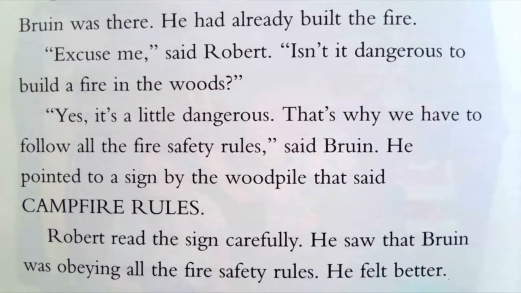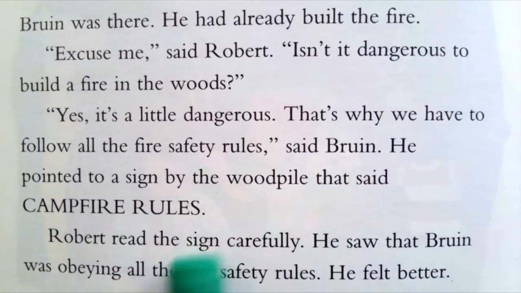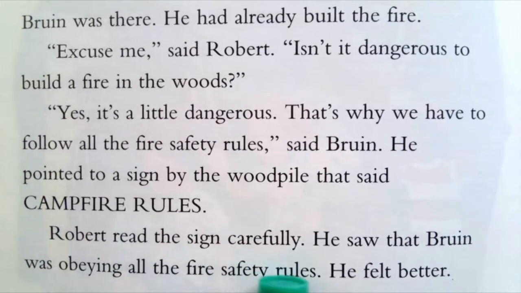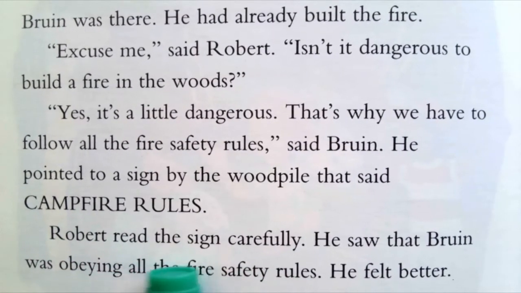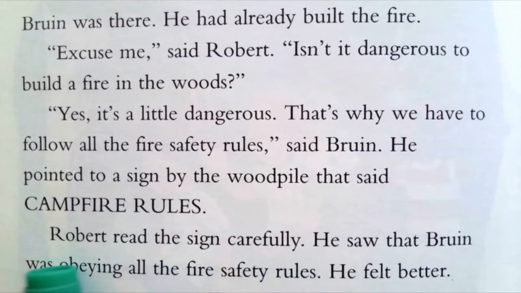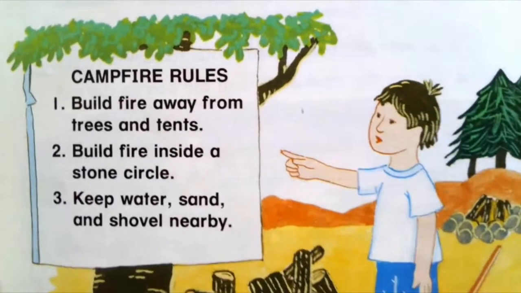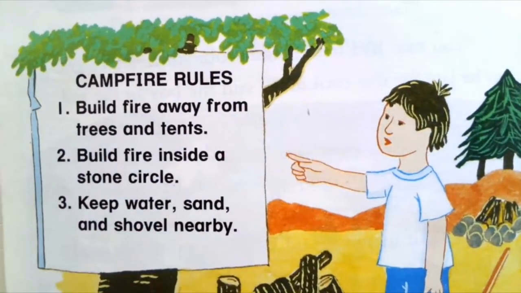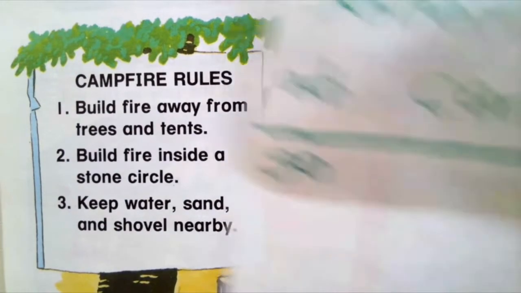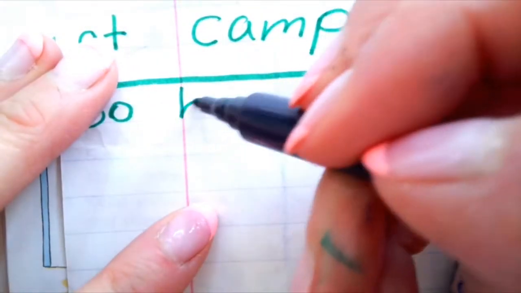He felt better. Do one of these sentences tell us what Robert is doing to solve his problem of not knowing the rules? Right here where it says Robert read the sign carefully. This is what he is doing to fix that problem. This is what is helping him feel better. Reading the rules. Let's write that down in our tool. Under so. So he read the rules.